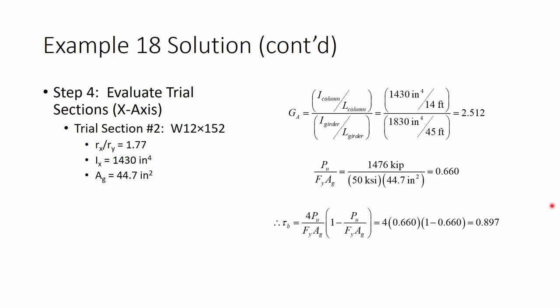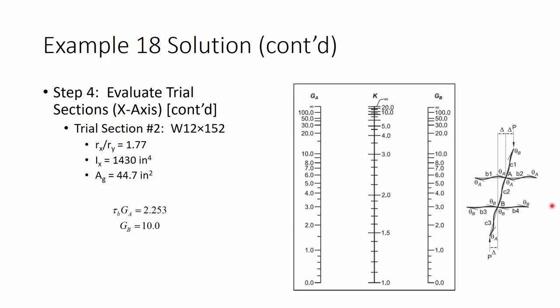It comes out to a tau value of about 0.9, actually 0.897, and then we take that 0.897 and the 2.512 and chug that out, and we get about 2.25 for G A. So we have G A, and again the G B on the bottom of the column doesn't change.